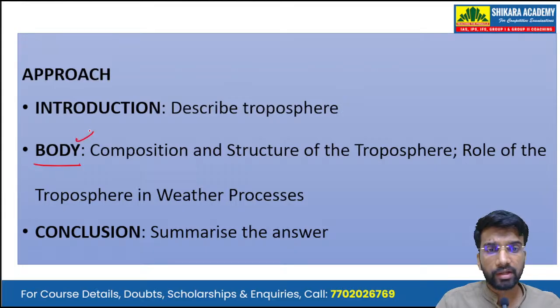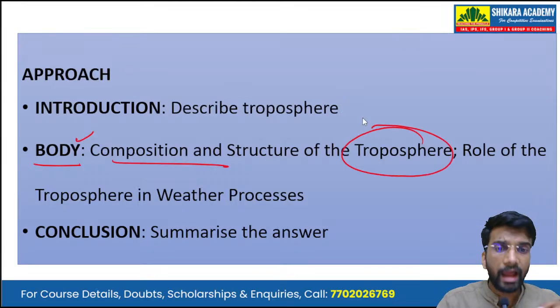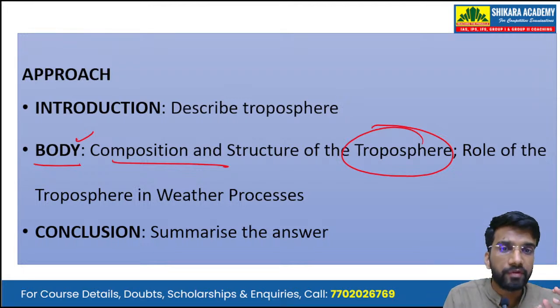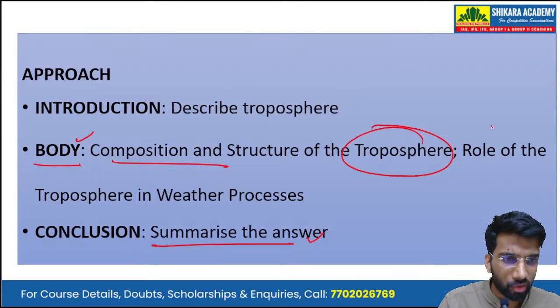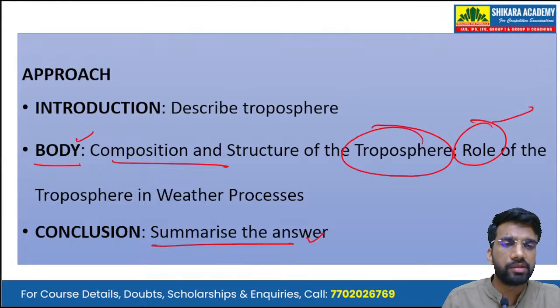Then in the body, we address the demand of the question: we write the composition and structure of the troposphere and the role of the troposphere in all the weather processes around the world. Then in the conclusion, we will be summarizing the answer, or we can write the significance. But we have already written about the role of the troposphere in the weather processes, so in the conclusion, we will just summarize the answer.